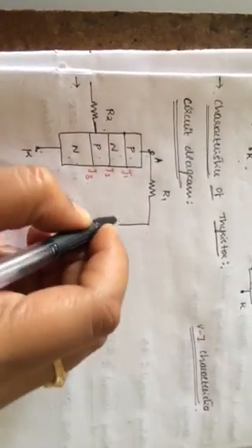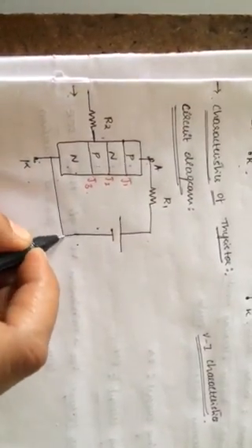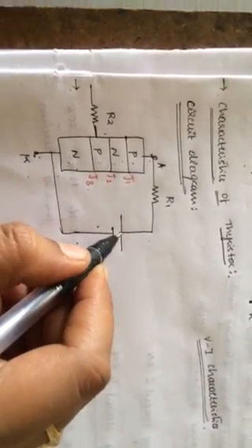Initially we are going to apply a positive terminal to the anode and a negative terminal to the cathode. So what I have done is applied forward biasing to my thyristor or SCR. When I apply the forward biasing to an SCR, the anode will be connected to the positive terminal and the cathode will be connected to the negative terminal.